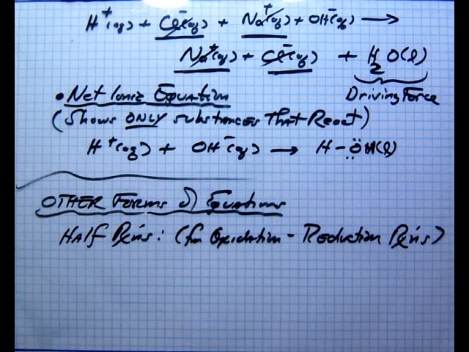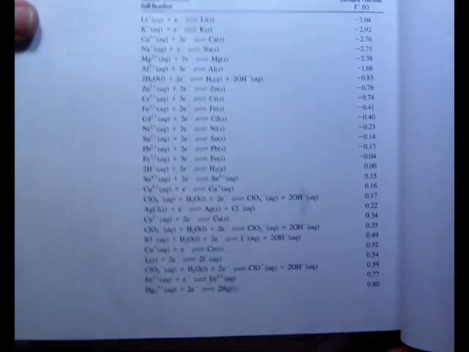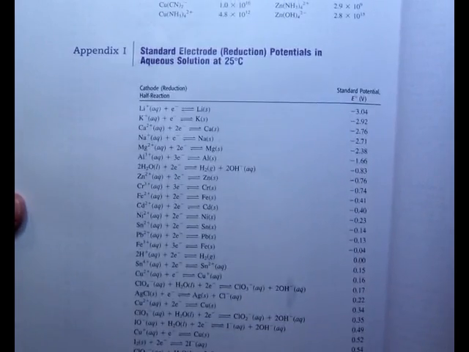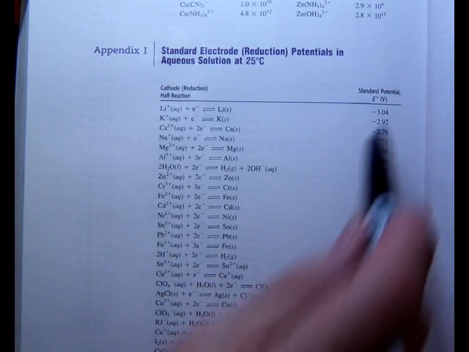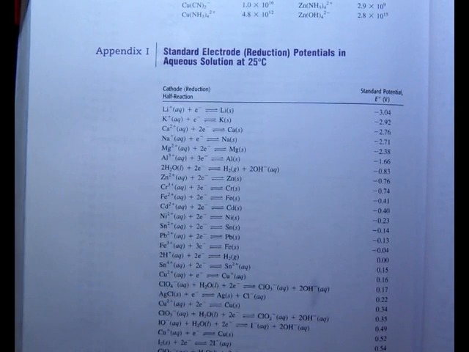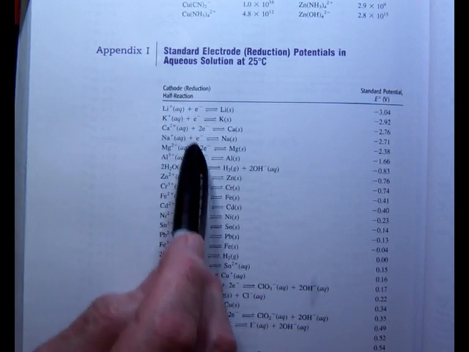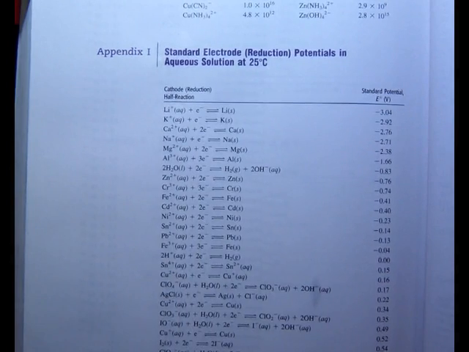And let's see if I can find a few here. This little table right here kind of gives you an idea. These are standard electrode potential tables. That's for the numbers over here. But when you look at this, it's a bunch of little reactions which show the electrons involved.